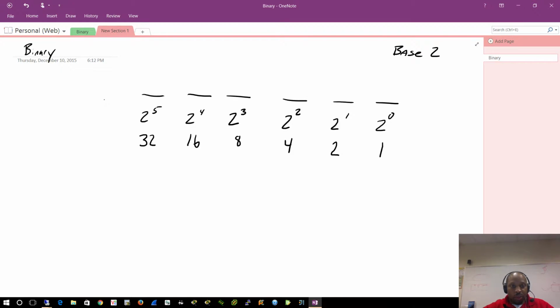What do you think the next digit would represent? 64, 2 to the 6th. How about the next one? 2 to the 7th, 128. You got it. Now remember here, there's actually 8 places. 0 is the first, 7th is the 8th.